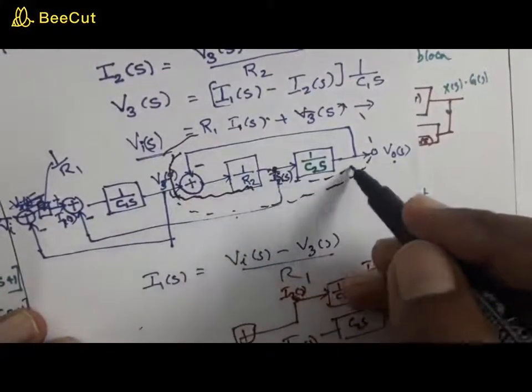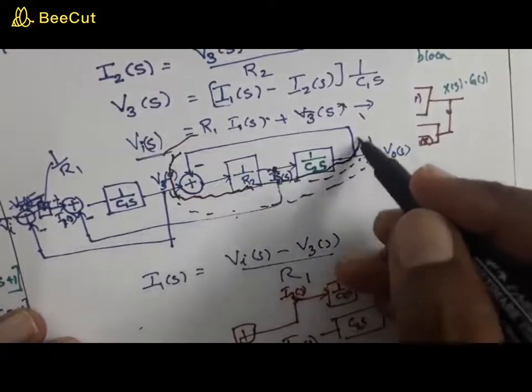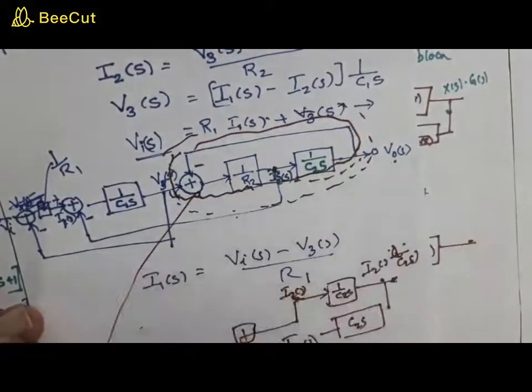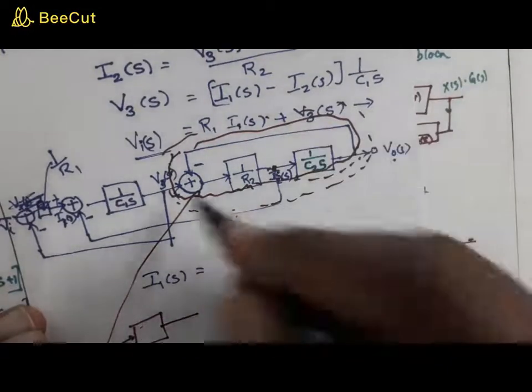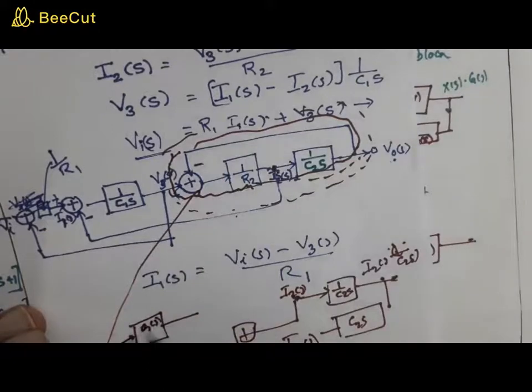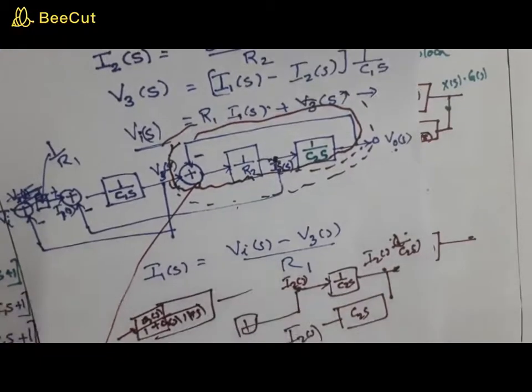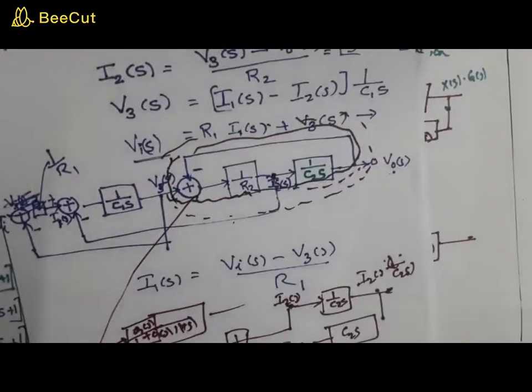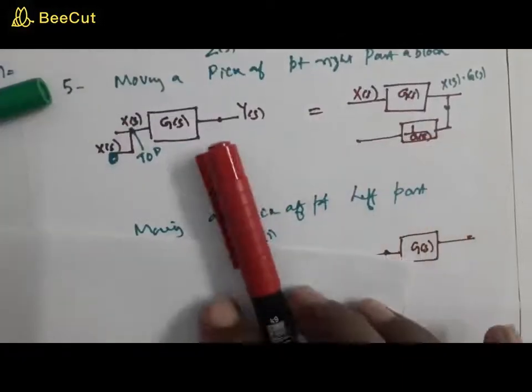Imagine that it has been brought over here, so this block can be considered as a single block. You can replace that block by using G of s by 1 plus G of s H of s. So you will understand when we do that problem. I'm just giving you an example only.